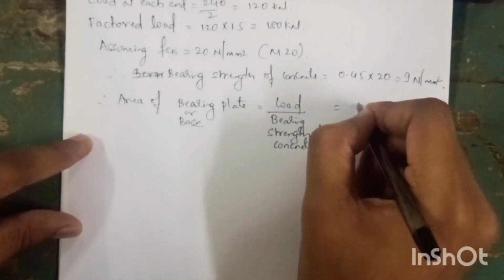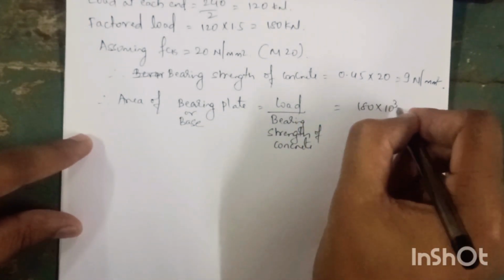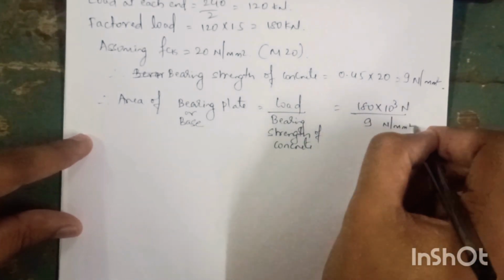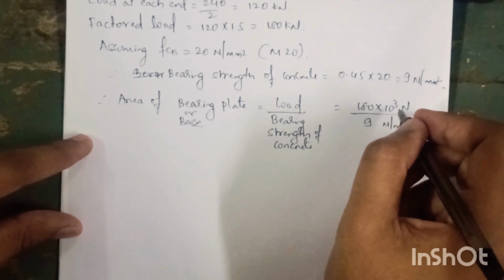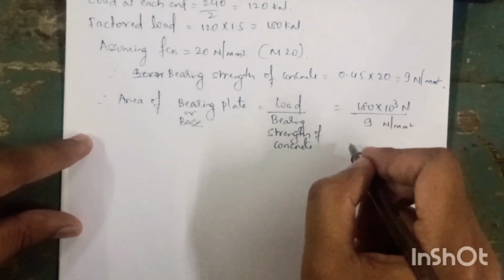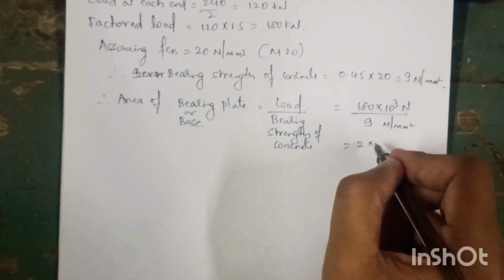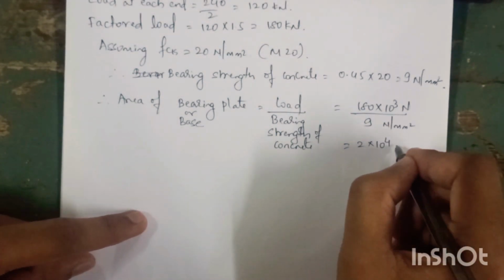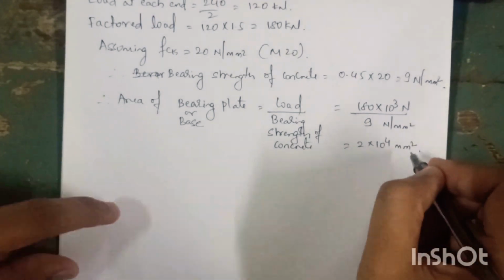So the load is 180 into 10 to the power 3, to convert it to Newton, divided by 9 Newton per square mm. So the area required will be 2 into 10 to the power 4 square mm.